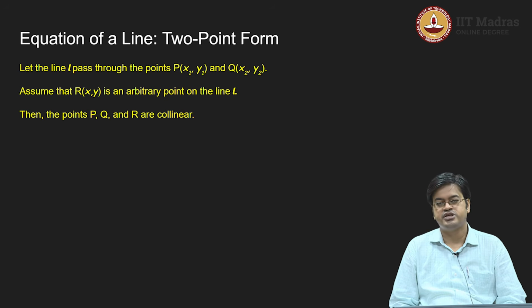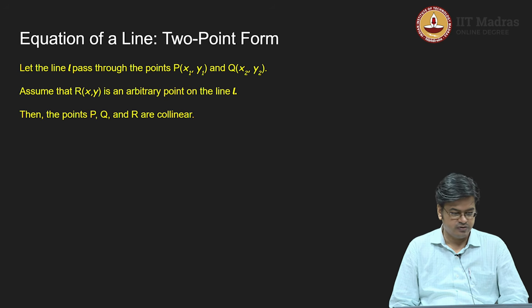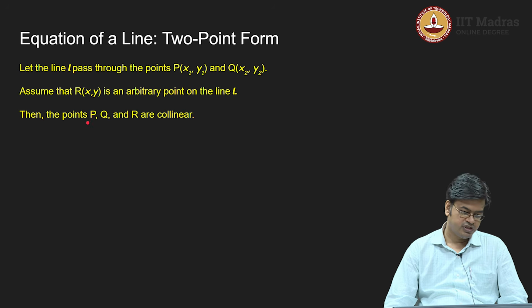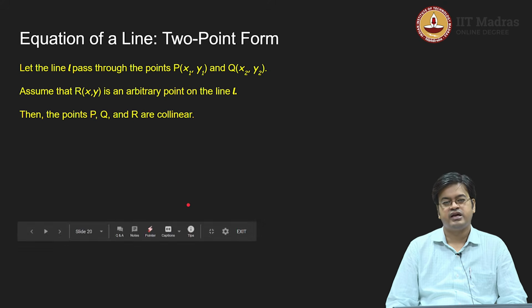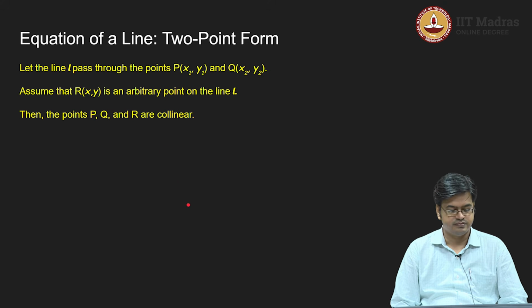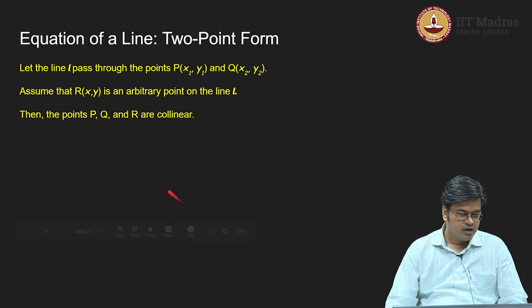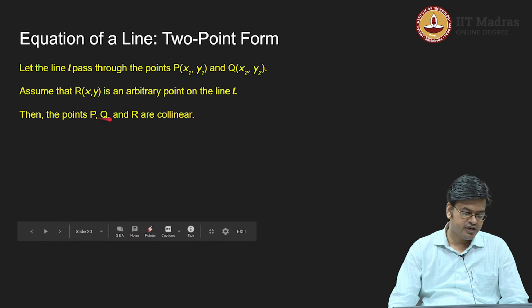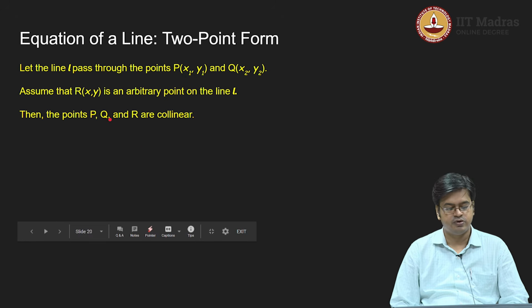If I consider only these 2 points P and R, I can easily figure out the slope of a line. If I consider points P and Q, I also know the slope of a line.